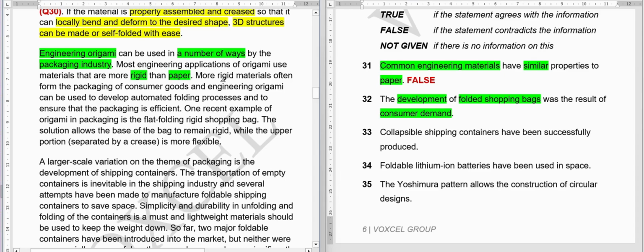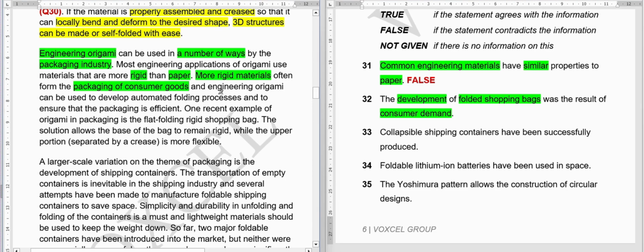So what we do is we use more rigid materials for packaging of consumer goods. Whatever you are ordering from online or from any particular shop, when they are delivering it to your home, they are using rigid materials for packaging those goods.